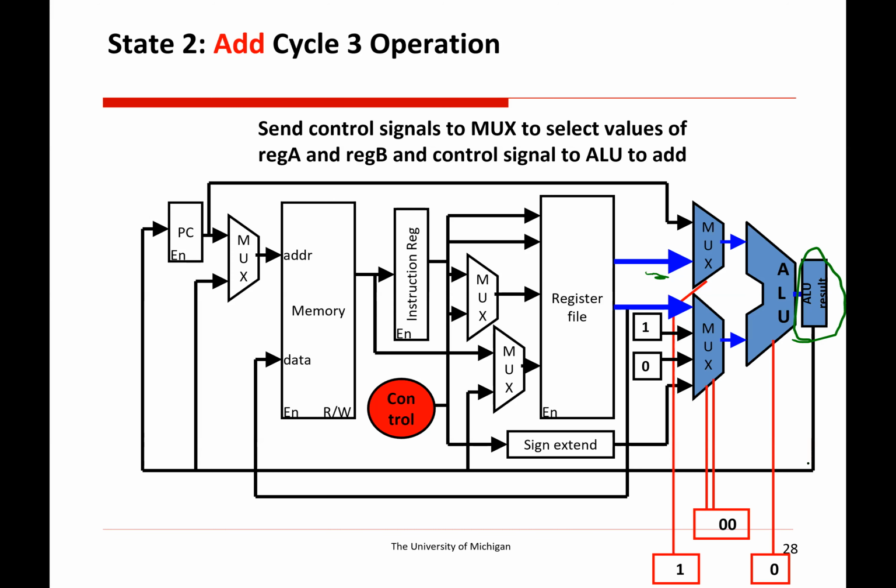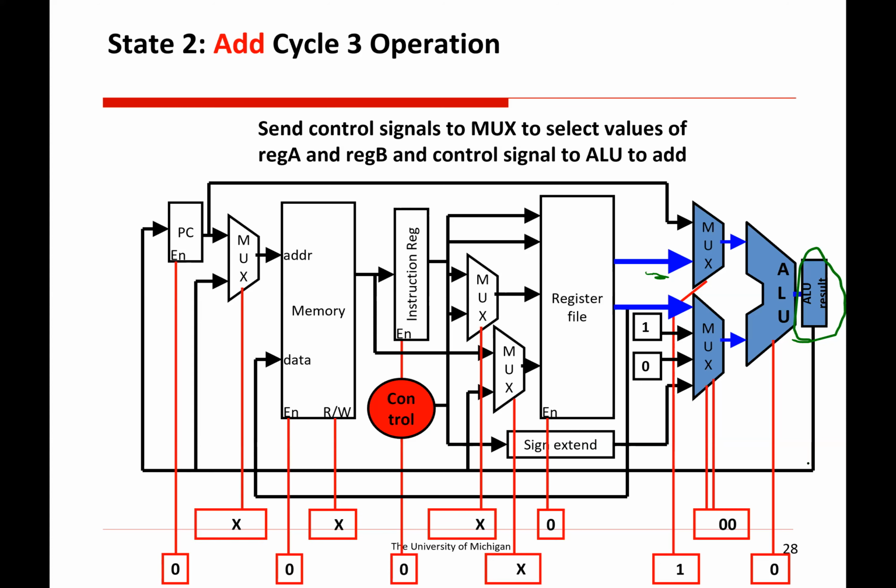We're not updating the register file or memory or the PC or the instruction register, so these all get set to 0. And then again, everything else we can set to X, don't care. Any questions on these control signals?